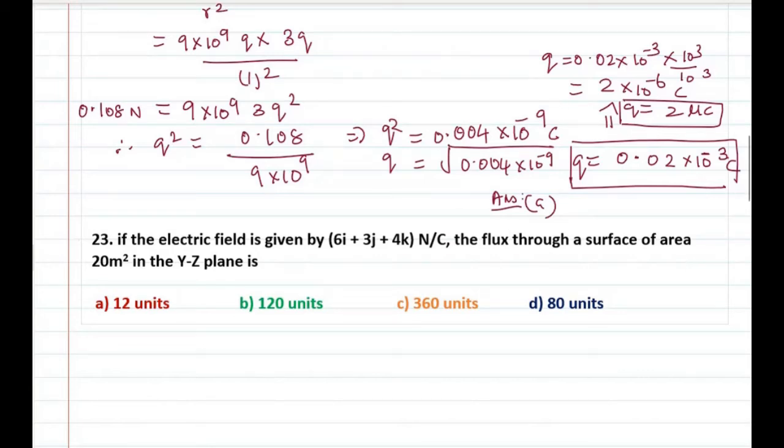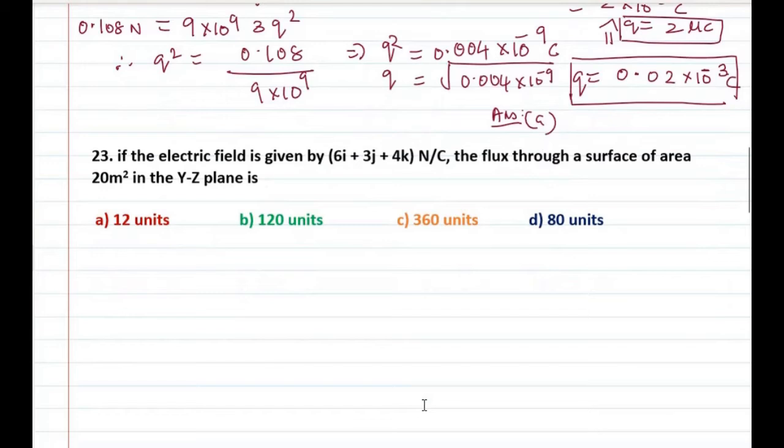Okay, next question: if the electric field is given by 6i plus 3j plus 4k Newton per Coulomb, find the flux through a surface of area 20 meters square in the YZ plane. So consider a surface placed in the YZ plane, placed in the electric field.